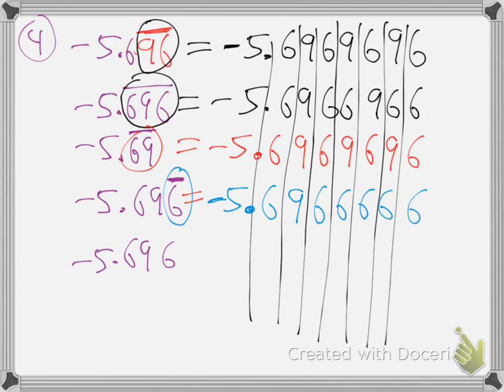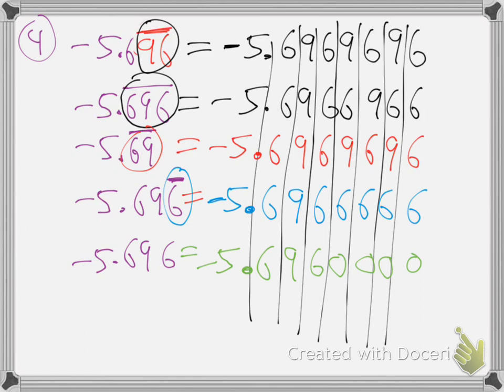And finally, this last one is negative 5 point, and then it's just 696, and it stops. No repeating. Now, what does that mean, stops? What is really after it? Zeros. Just fill in zeros, because it's right on 696 with 0 afterwards.